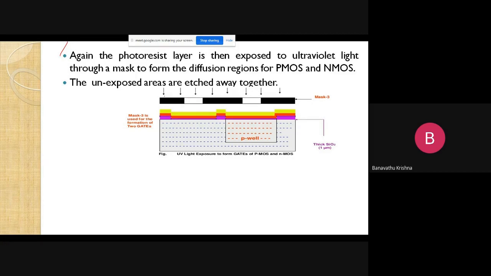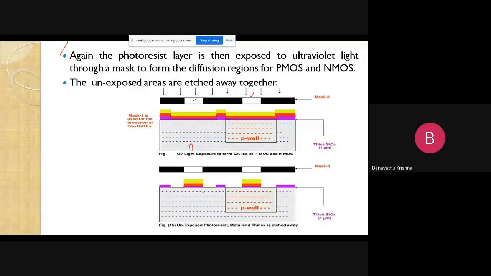The remaining areas are shielded, where we need to make the connections, that is the gate terminal for the P channel in the N-type substrate, and the N channel in the P-well substrate. That particular area is not shielded and the remaining area is shielded. The remaining areas are softened and this particular area is hardened. So this is the formation in the next step. After completion of this process, this is the diagram here, right?